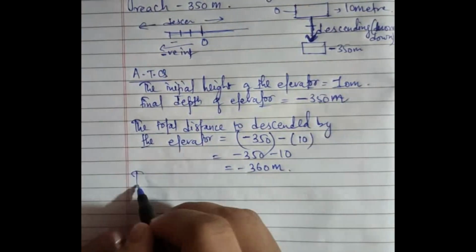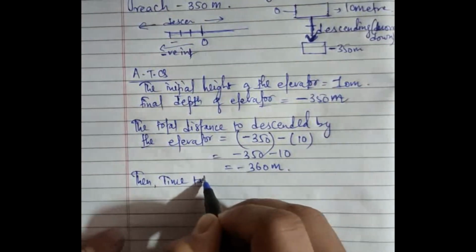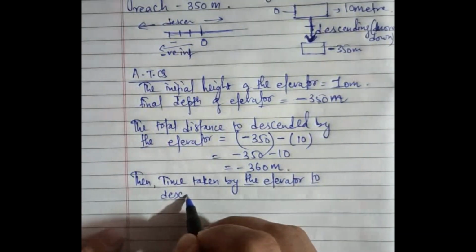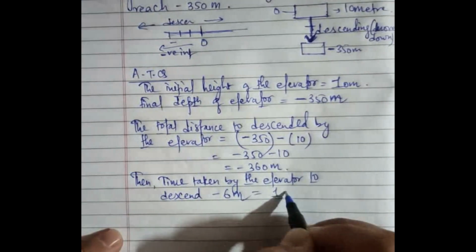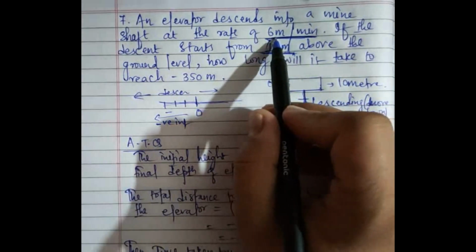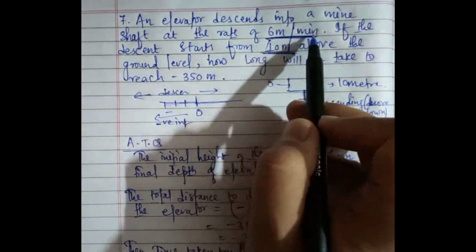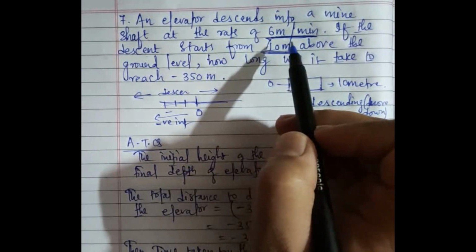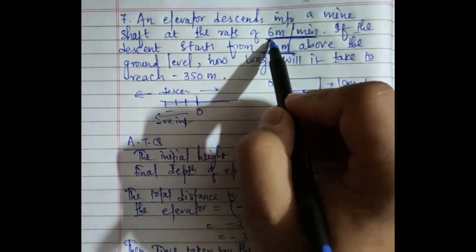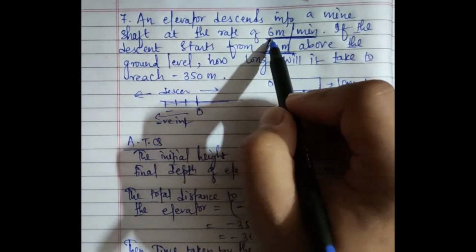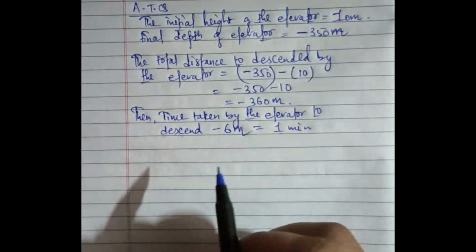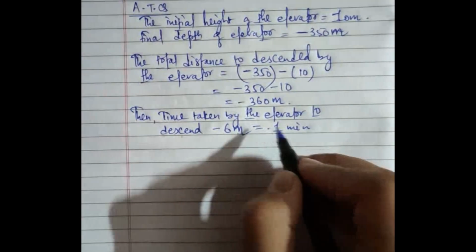According to the question we can say that the time taken by the elevator to descend -6 meter is equal to 1 minute. It is given in the question that the rate of the elevator into the mine shaft is 6 meter per minute. That is, within 1 minute it is descending minus 6 meter. Minus 6, why? Because it is moving down. In the question it is not mentioned as minus 6, but we have to mention minus 6 because it is descending down, right? So the time taken by the elevator to descend minus 6 meter is equal to 1 minute. You can write minus 1 minute also.